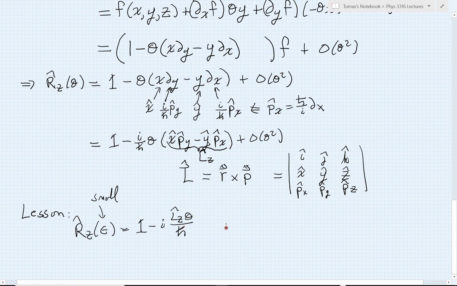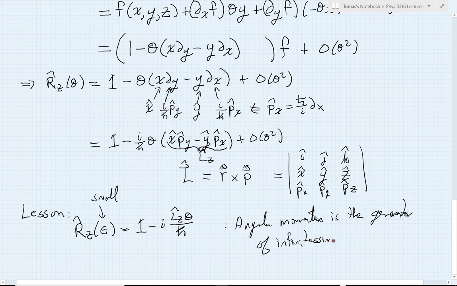So in words, the lesson is that the angular momentum is the generator of infinitesimal rotations.